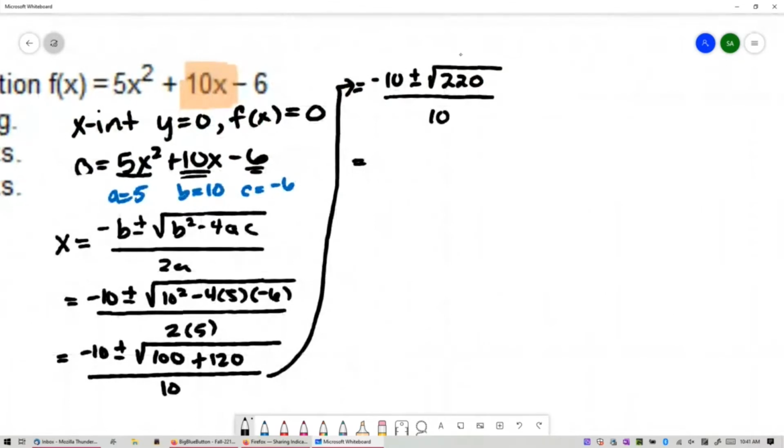There are lots of different factorizations of 220. 1 times 220, 2 times 110, 4 times, let's see what, 55, 5 times 44.